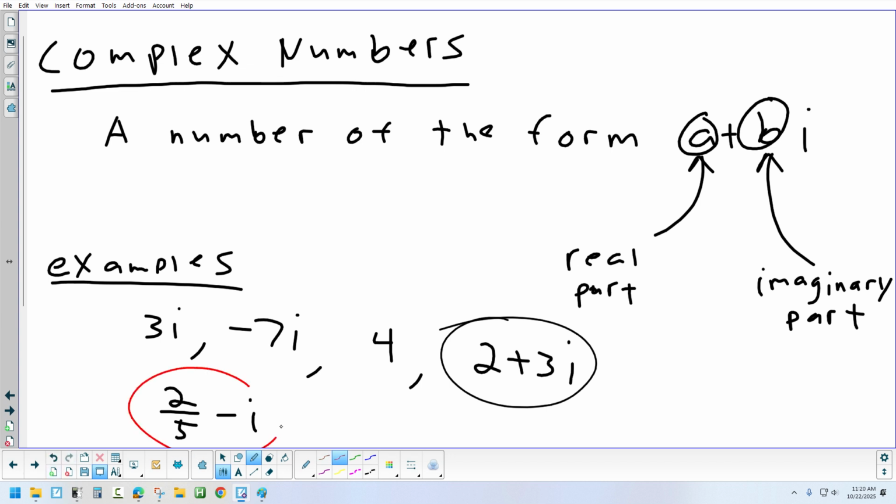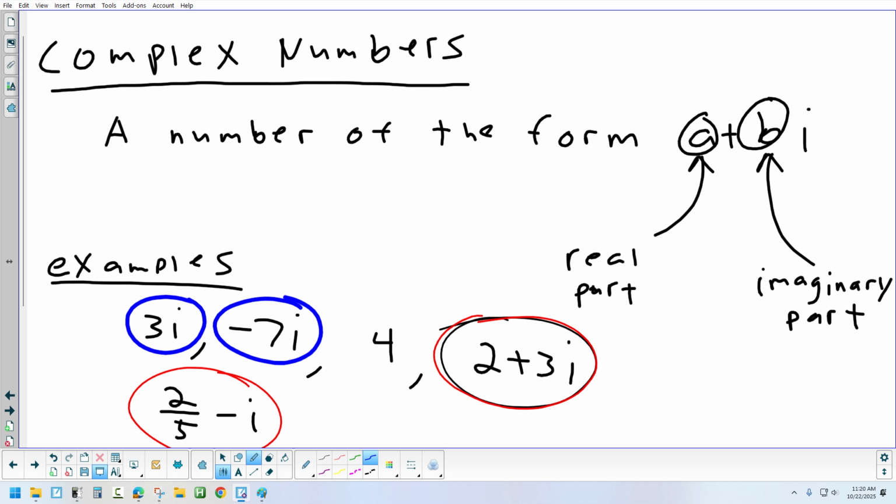So these two that I just circled in red, they have both real parts and imaginary parts. This one that I just circled in blue, and this one, those are called pure imaginary numbers. They're pure imaginary numbers because they don't have a real part.